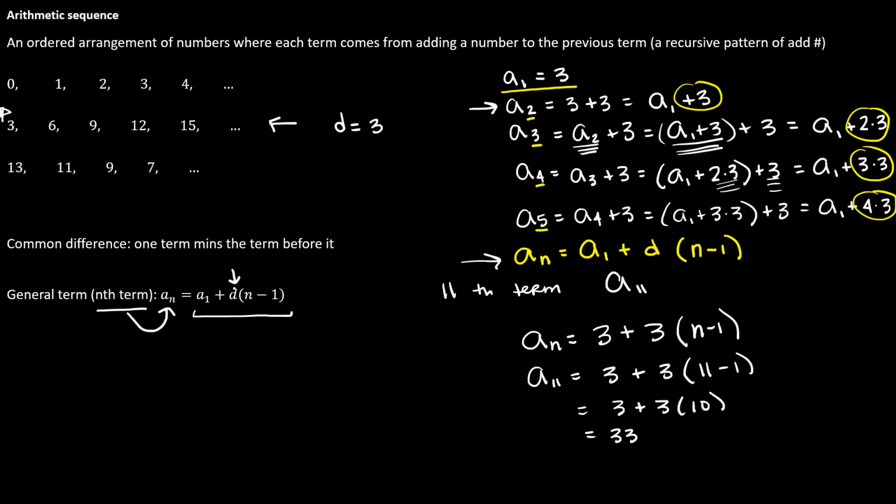This is very crucial to finding the pattern, so we have to have that common difference or, again, we can't calculate the general term. Once we have those 2 things, the first term and the common difference, we plug them into this general term formula, and then we can use it, just like we did over here, to calculate whatever term in the sequence we wish.